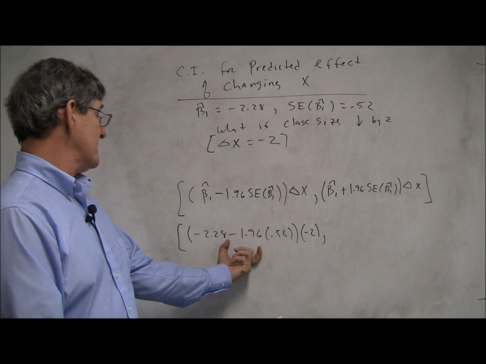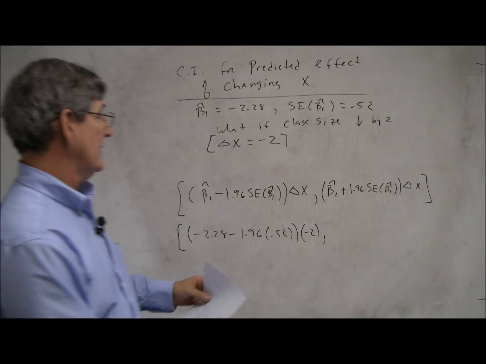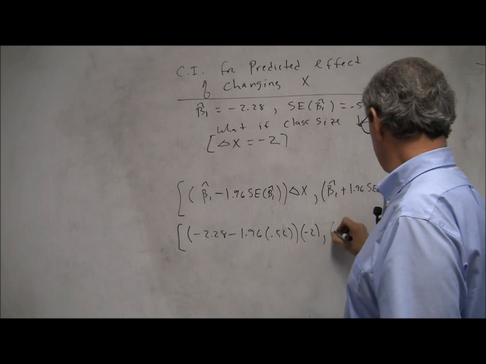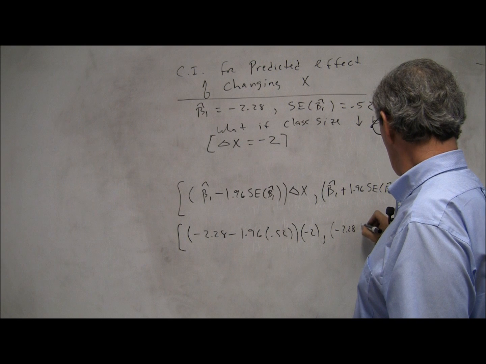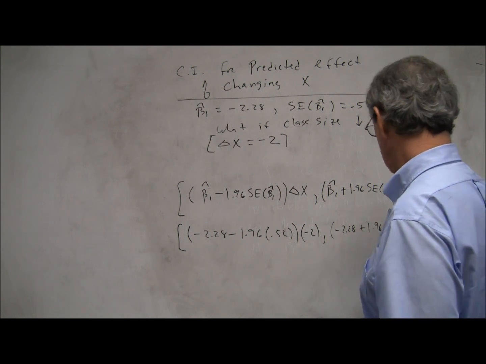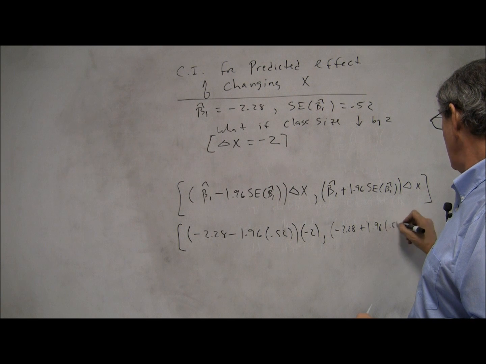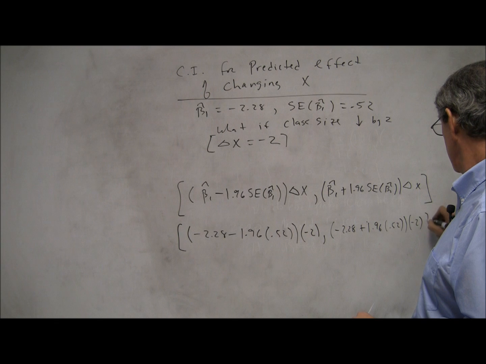So it's just the confidence interval we did earlier times the change. And the other one will be minus 2.28 plus 1.96 times 0.52 times minus 2.